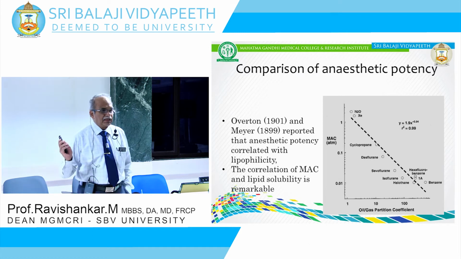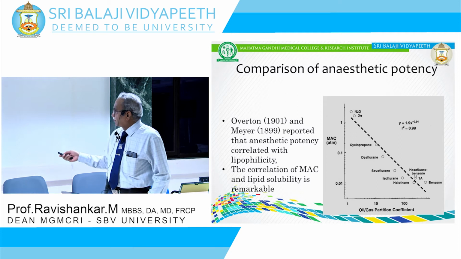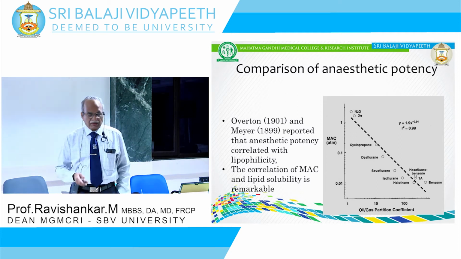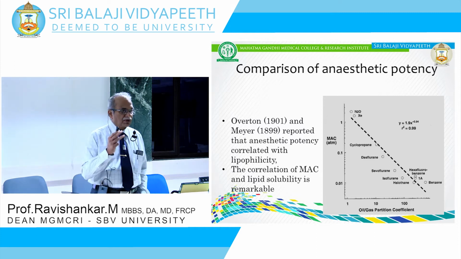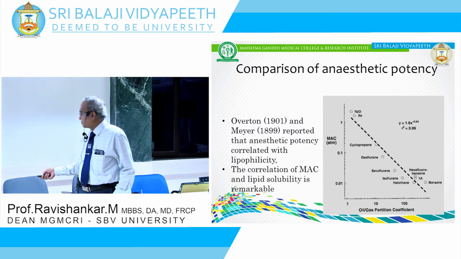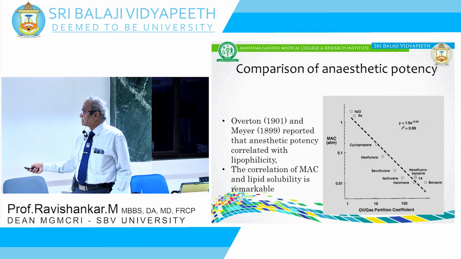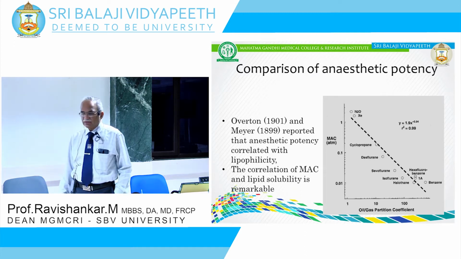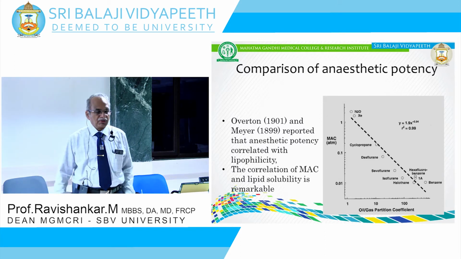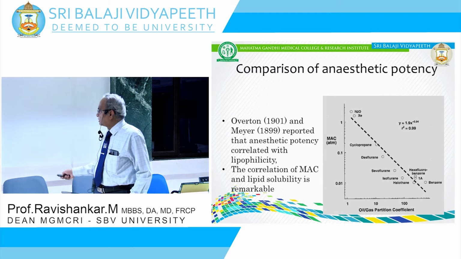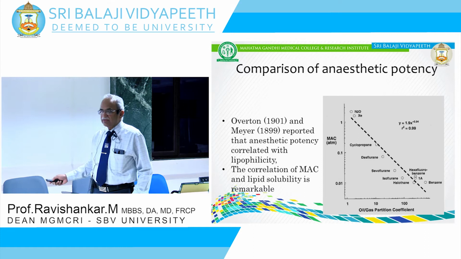Okay, another thing that they found, this is by Mapleson. They looked at the concept of anesthetic potency. One of the theories is oil-gas solubility, and that correlated. Overton and Meyer reported that anesthetic potency correlated with lipophilicity. Okay, so they established the potency of the anesthetic agent by looking at the lipophilicity.